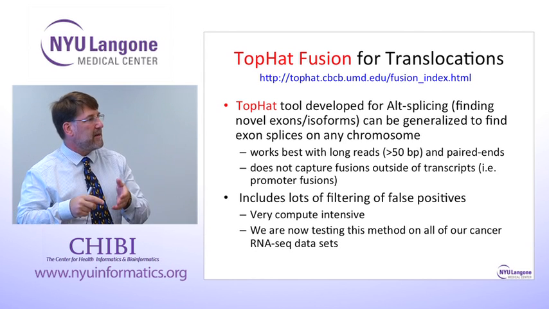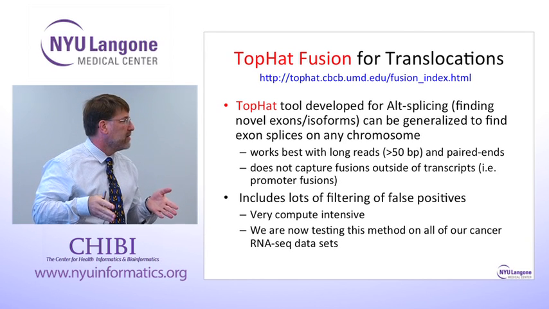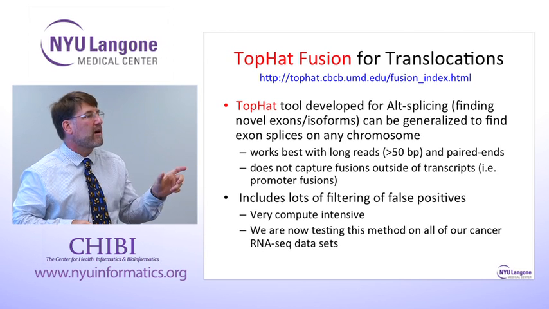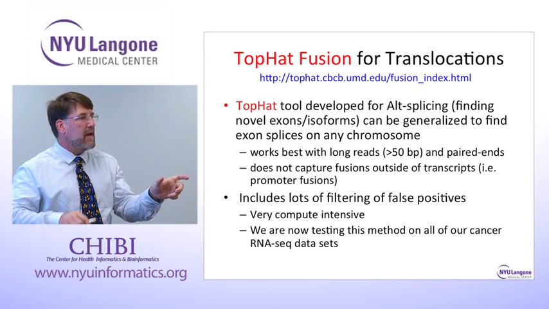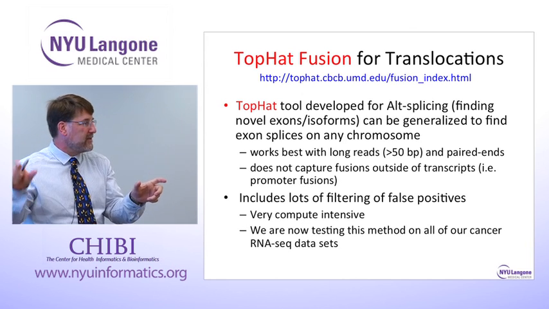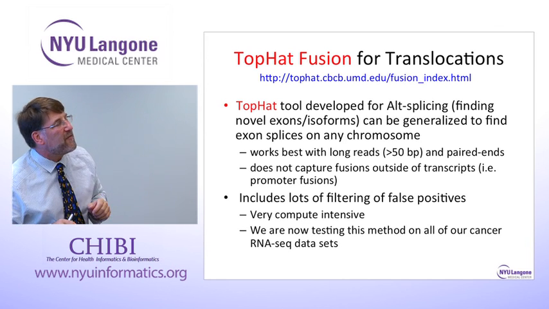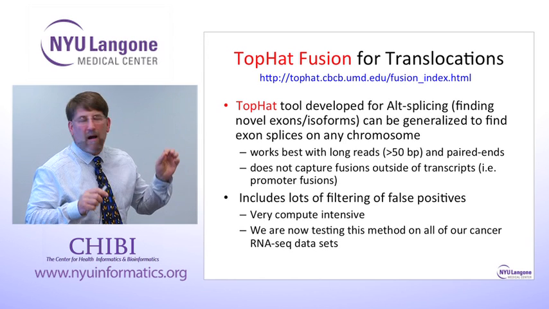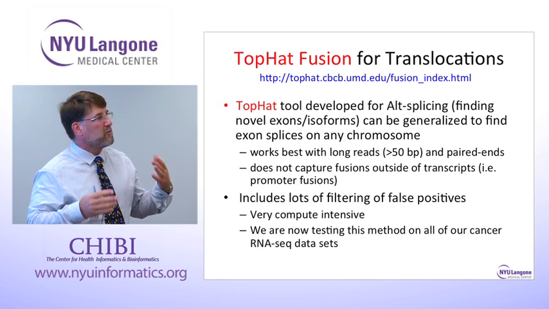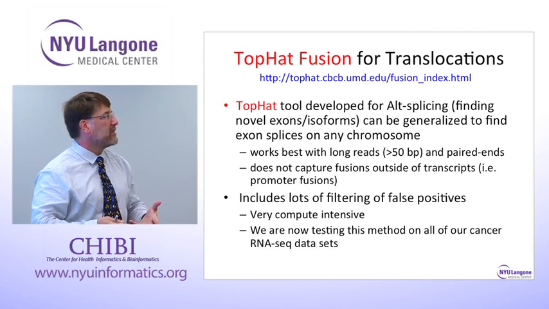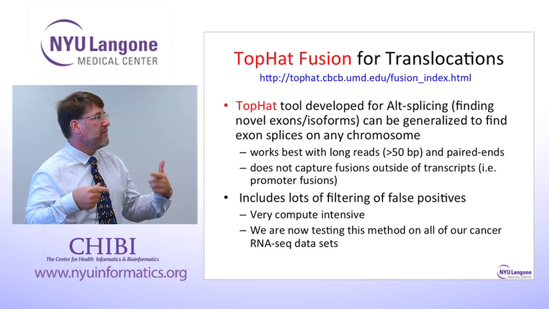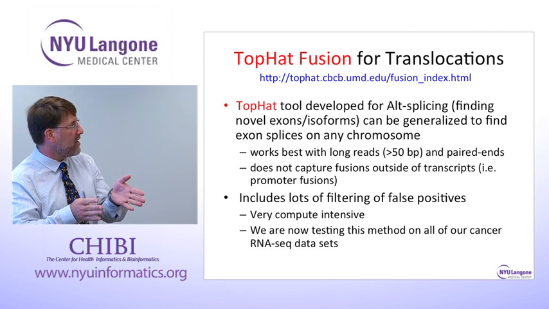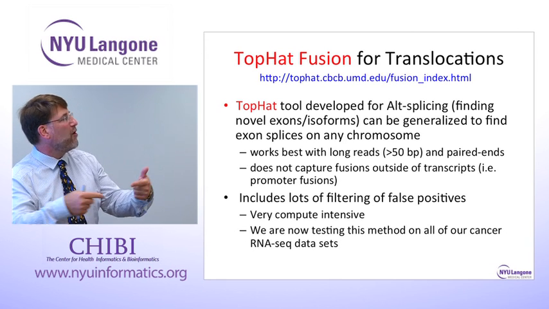And it tries to find a place where the rest of your read maps. In order to do that, the read needs to be pretty long. It needs to be at least 50 bases, because they have a 25 base chunk that has to map, and then another 25 bases has to map somewhere else. 75 works better. 100 is even better. Also, it supplements its quality when you have a paired end read, when you read each fragment of RNA, or actually cDNA, from both ends.